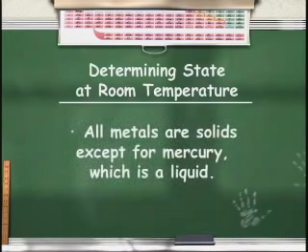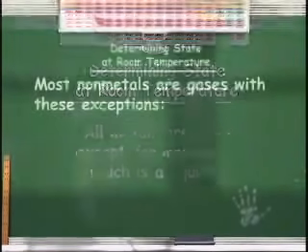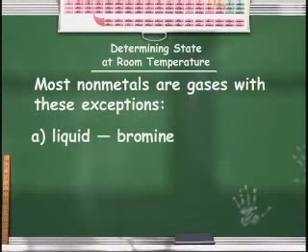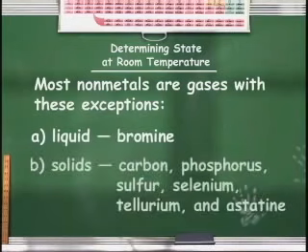All metals are solids except for mercury, which is a liquid. Most nonmetals are gases except for bromine, which is a liquid, and these exceptions that are solids at room temperature: carbon, phosphorus, sulfur, selenium, tellurium, and astatine.